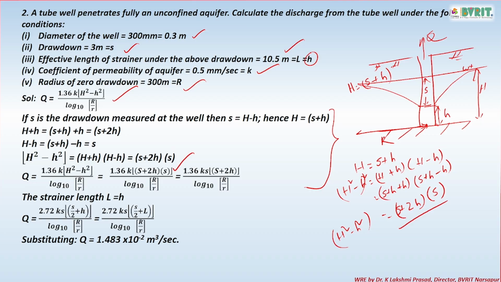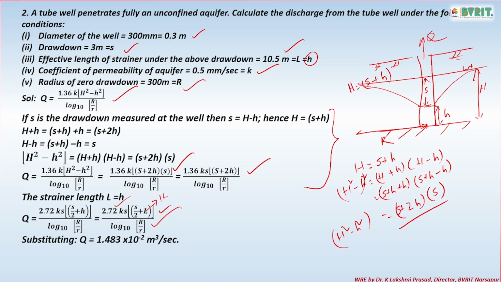That is precisely what I have done here. Now this h is nothing but L. So I have made this 1.36 into K into S into (S plus 2h), divided by log base 10 R by r. The 2 I also removed, so naturally it becomes 2.72 K S into (S by 2 plus h). This is nothing but h.